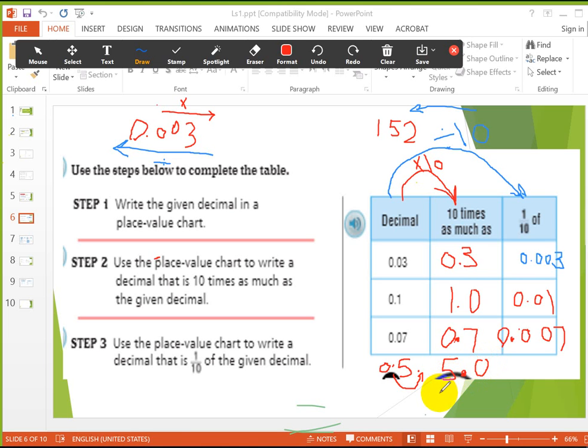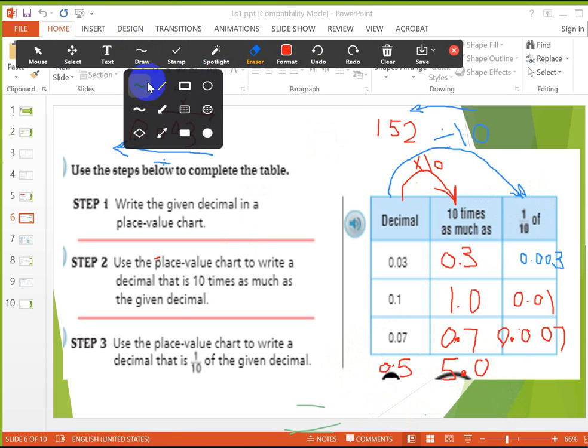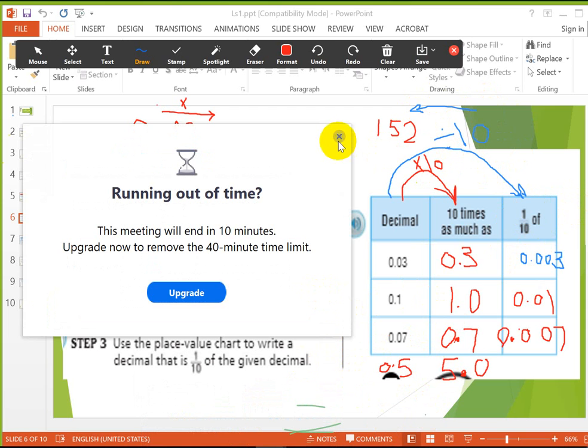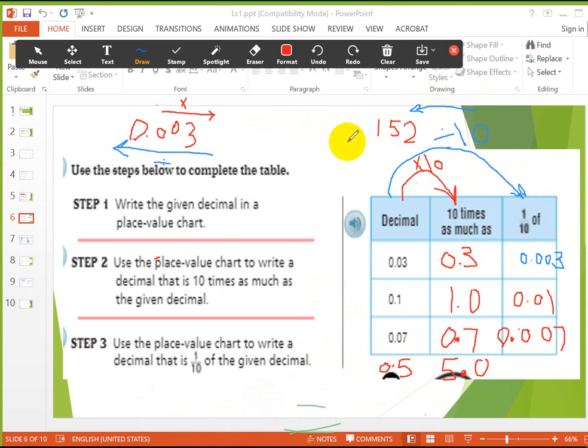Okay? Now, who will tell me the number that is 1 over 10 of 0.5? What do I have to do? I have to move the decimal point because I want to divide this number by 10. So I have to move the decimal point into the left side. Excellent, Rinad.